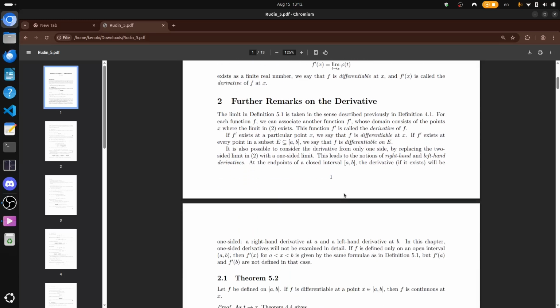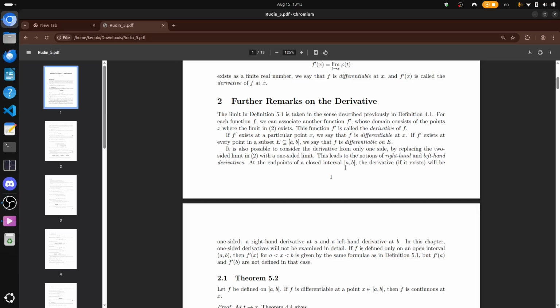Now we say that f is differentiable at x if f prime of x exists at a particular point x. And we can also say it's differentiable on a set E. Now, we have other definitions too, because we can have right-handed derivatives and left-handed derivatives if you take the limit from the right and the left, basically.